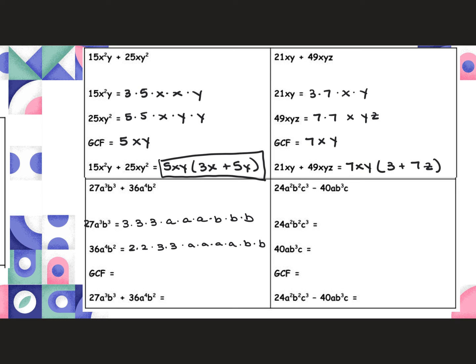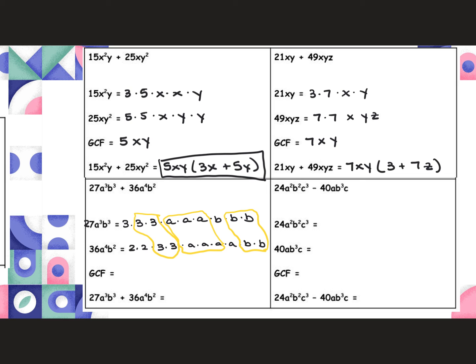So we can see that they have 2 3s in common. So I'm just going to box here. They have 3 A's in common. And they have 2 B's in common.